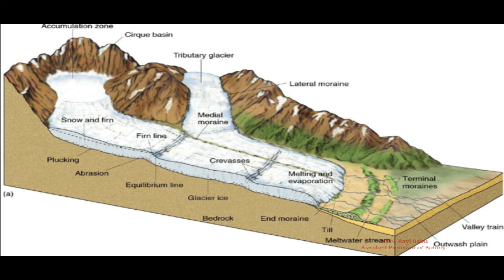Plucking. What does plucking literally mean? In plucking, the glacier freezes the joints and beds of the underlying rocks, that tears out individual blocks and then drags them away. So, plucking is the process where the glacier freezes the joints and beds of the underlying rocks and tears out individual blocks and drags them away.